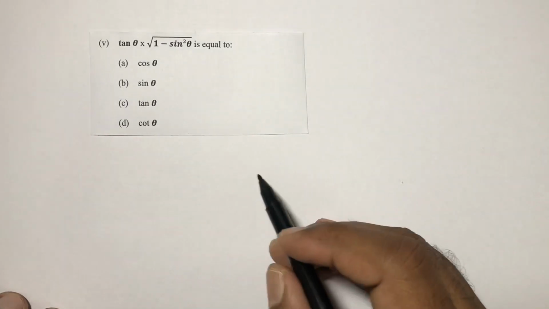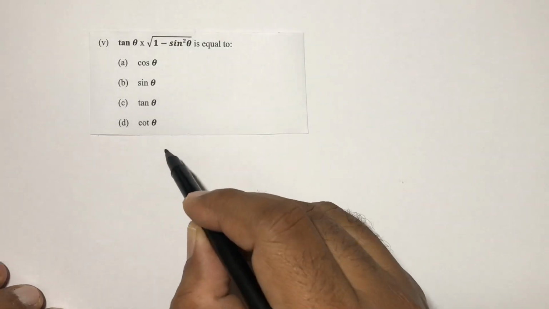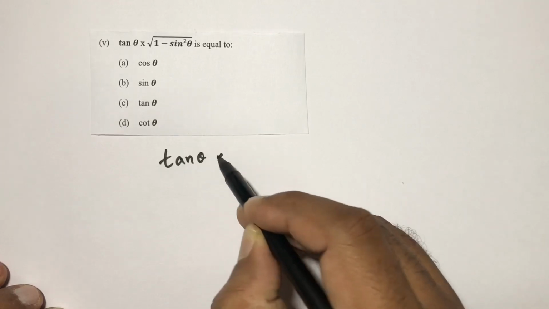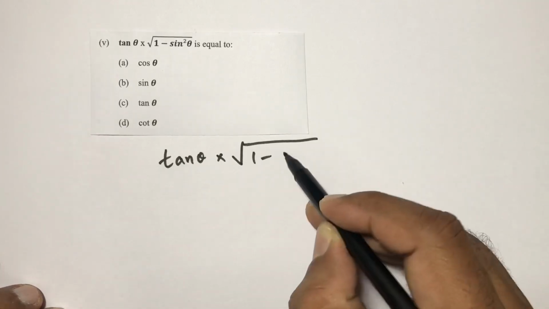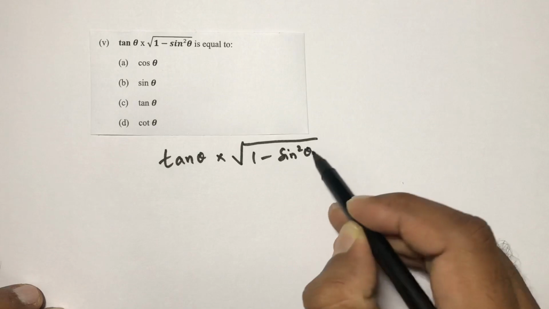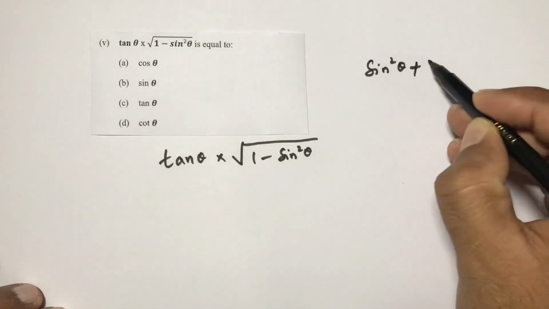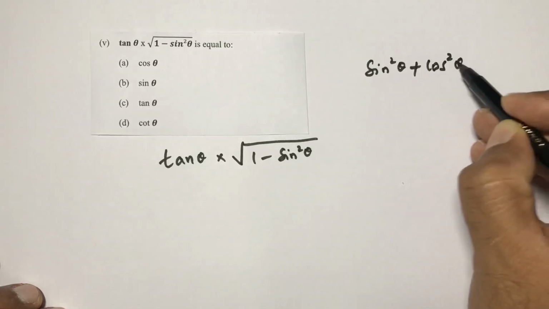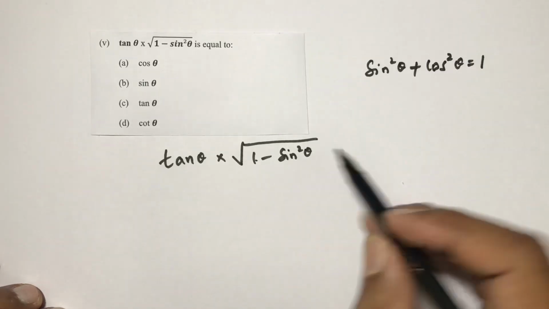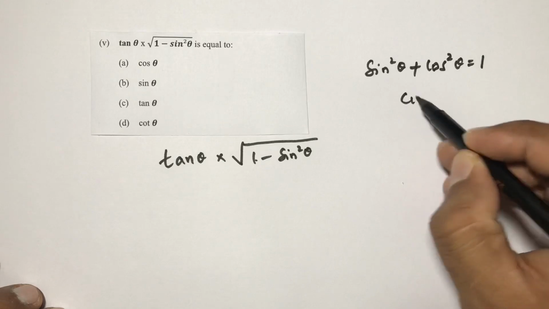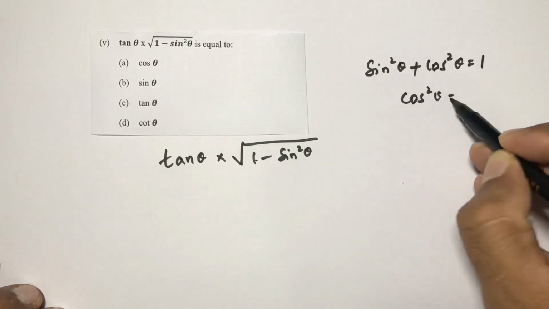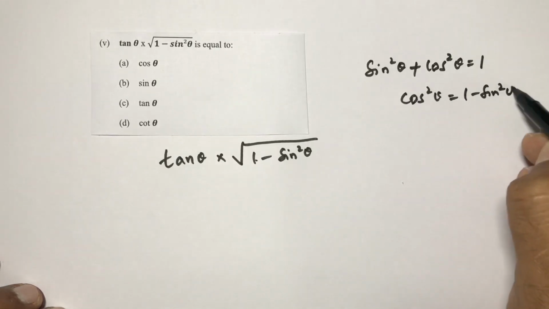Fifth question: tan theta into under root 1 minus sine square theta. Here, if you see the identity, sine square theta plus cos square theta is 1. So cos square theta equals 1 minus sine square theta.